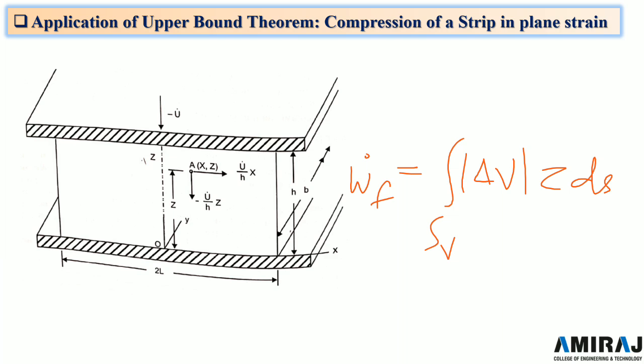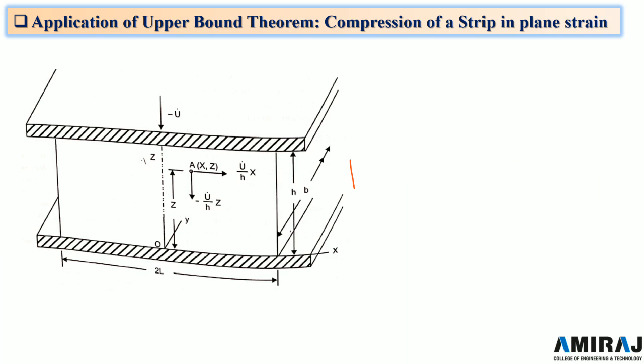Therefore we take a constant value of friction, that is tau equal to m k, where m is the friction factor with a value of 0 to 1. The value 0 corresponds to the frictionless case, and m equal to 1 stands for sticking friction.